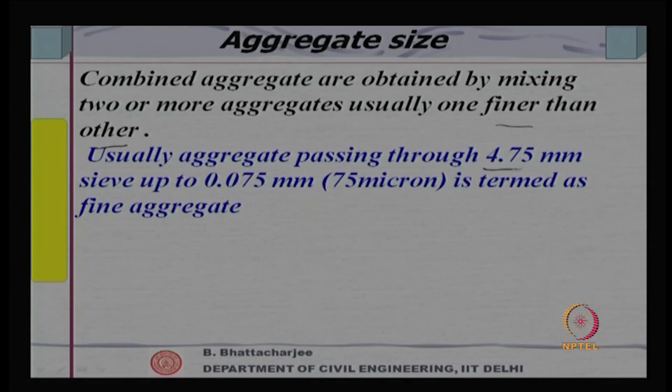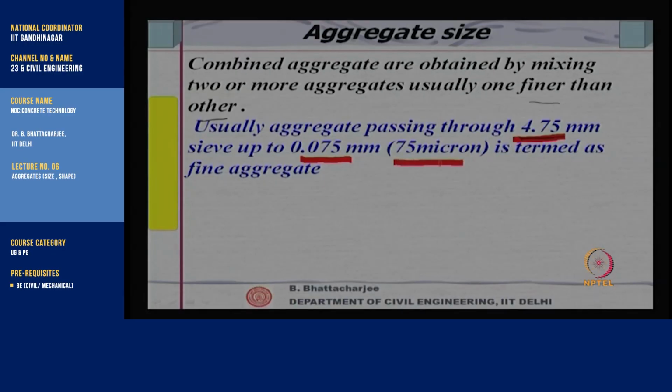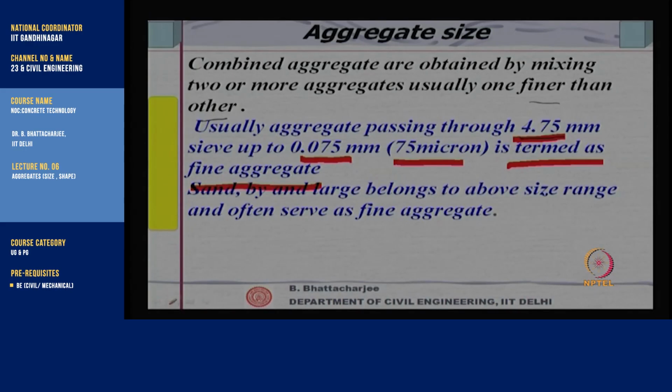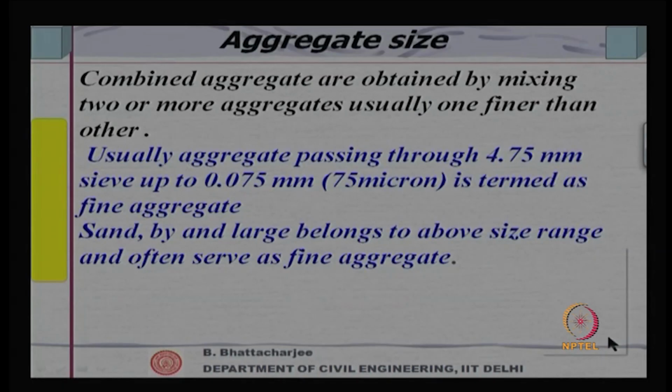Well, the aggregate passing through 4.75 mm sieve size, and up to 0.075 millimeter, that is 75 micron, we call this fine aggregate. And aggregate retained on 4.75 mm, sizes larger than that, we call coarse aggregate.